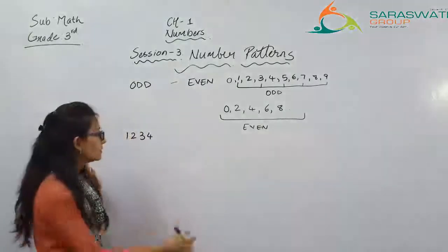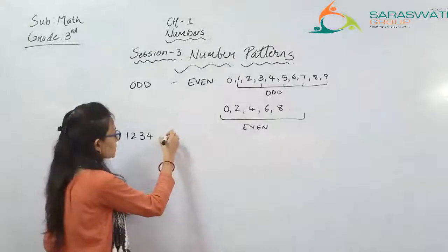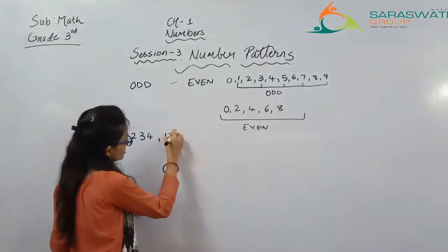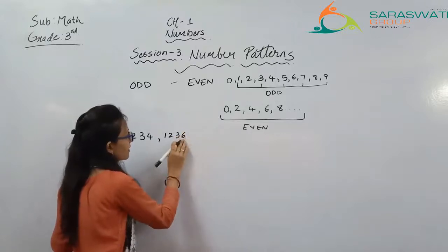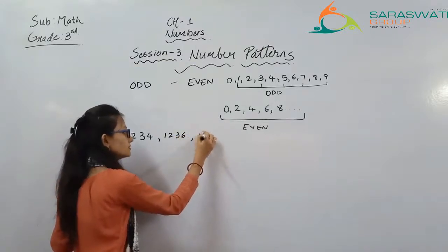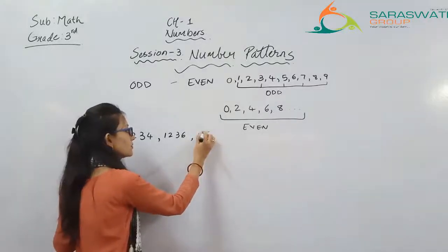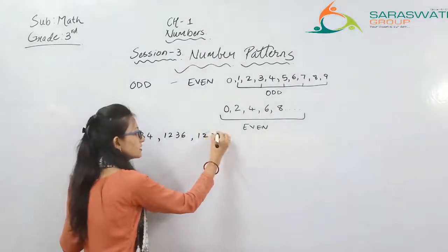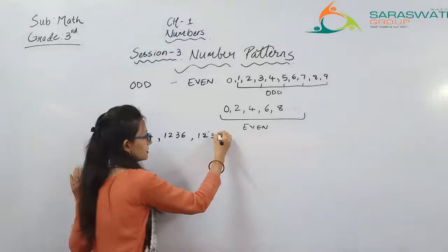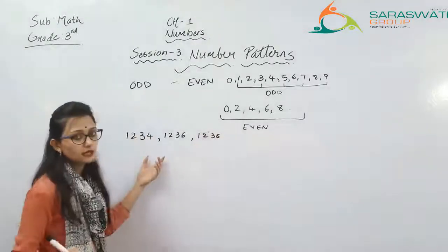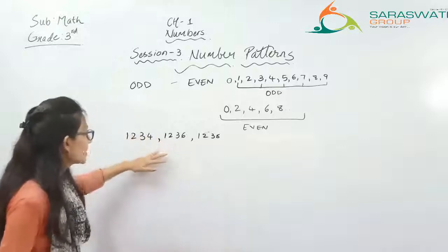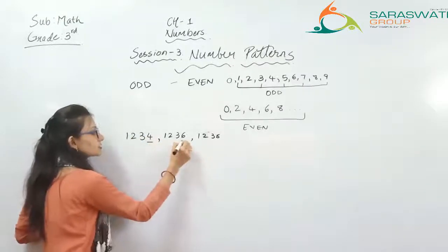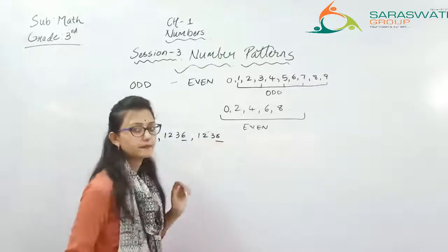So how will you write it by skipping 2 numbers? 1, 2, 3, 6. 1, 2, 3, 8. These are the odd numbers. These are the even numbers by skipping 2 digits between them.